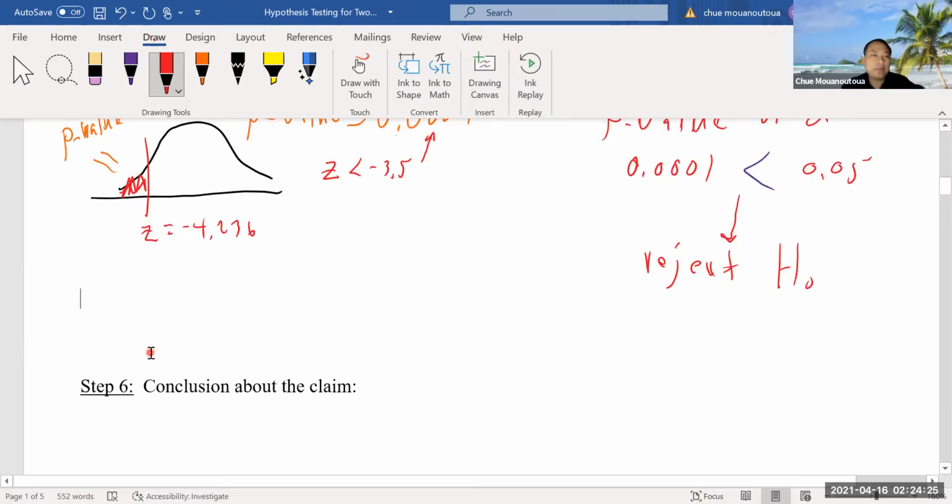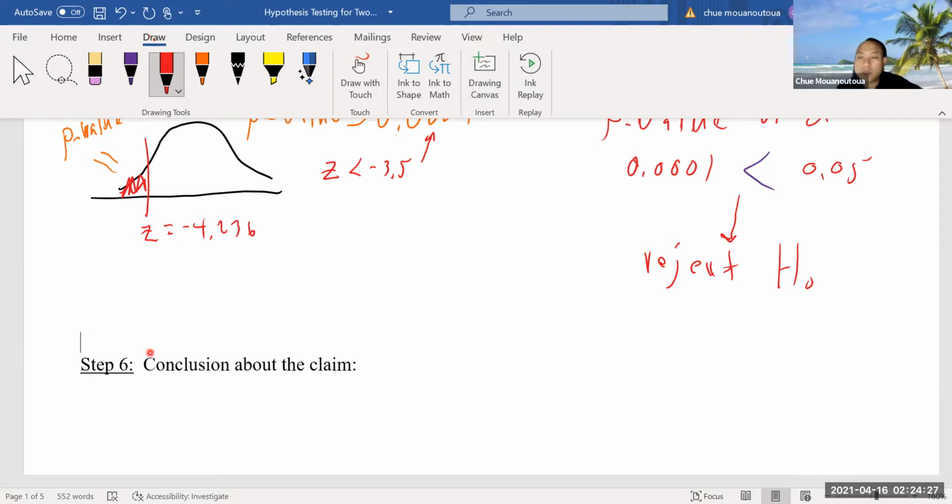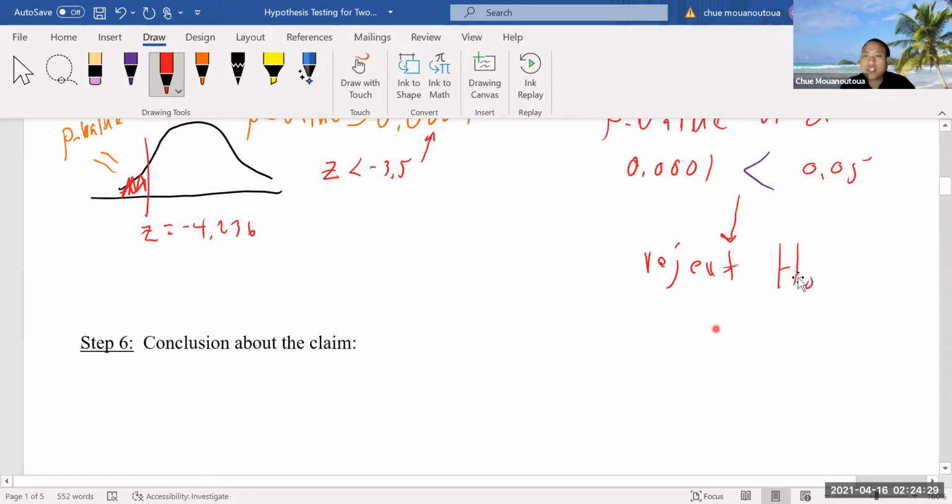Remember, if the p-value is less than or equal to alpha, then you reject H0. If the p-value is bigger than alpha, then you fail to reject H0.